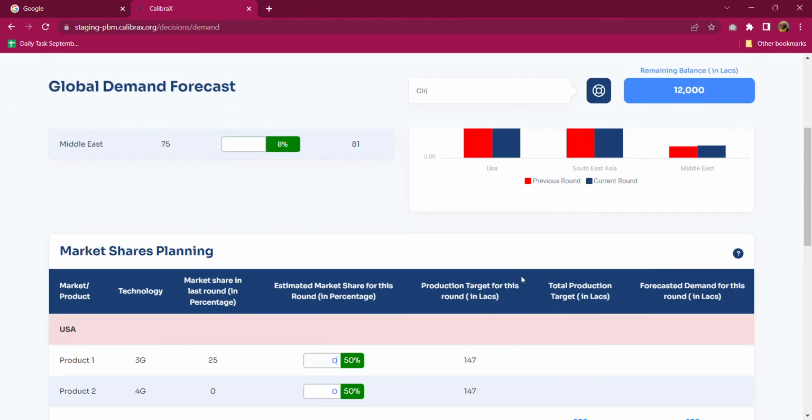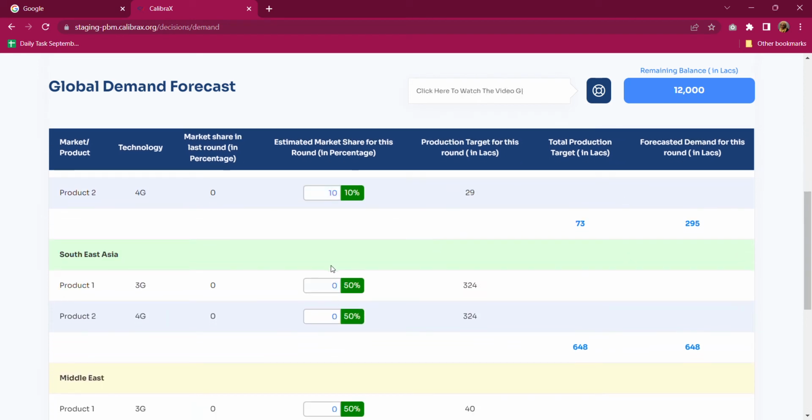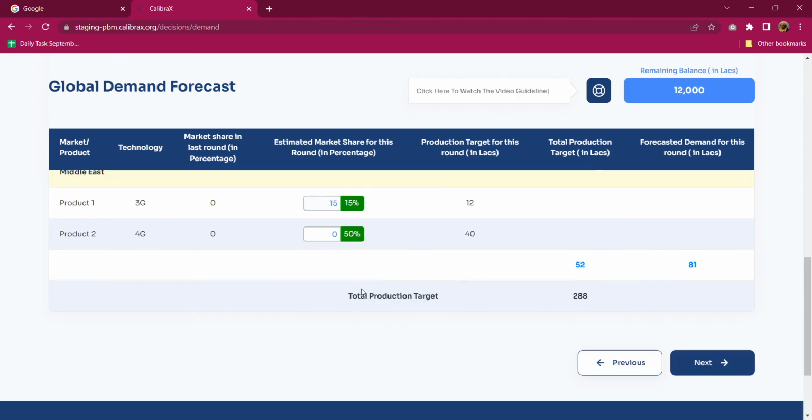For now, I'm going to input the estimated market share: 15% for 3G and 10% for 4G. Similarly for Southeast Asia, I'm including 15% and 10%. For the Middle East, again 50% for 3G and 10% for 4G.